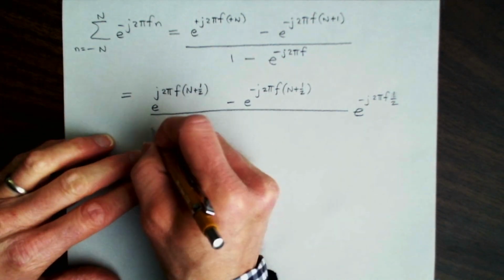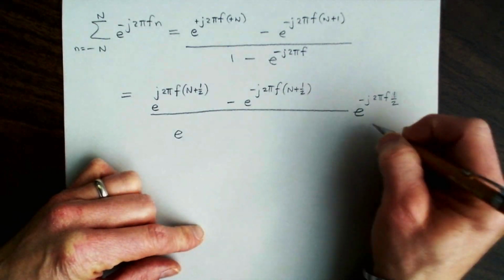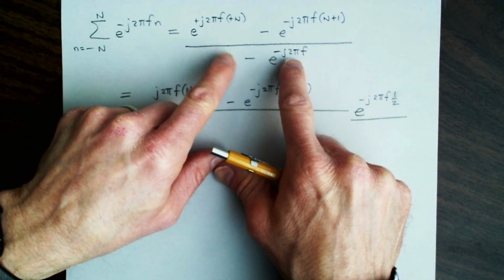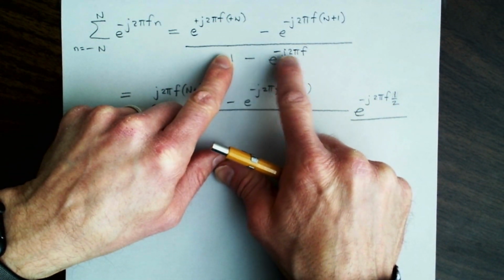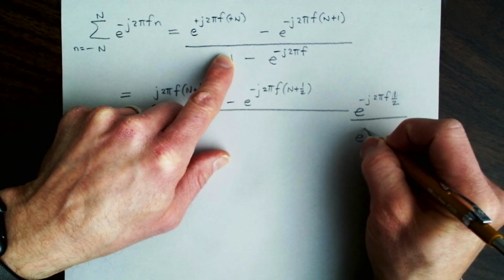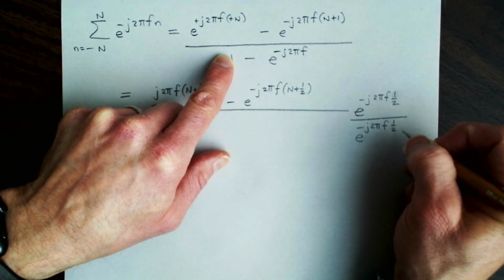Let's do the same sort of factorization in the denominator. I'll factor out the average of the exponents. So this exponent is 0, and if I average that with this one, that will give me a similar sort of thing. In fact, I'll have e to the minus j 2 pi f times 1/2.